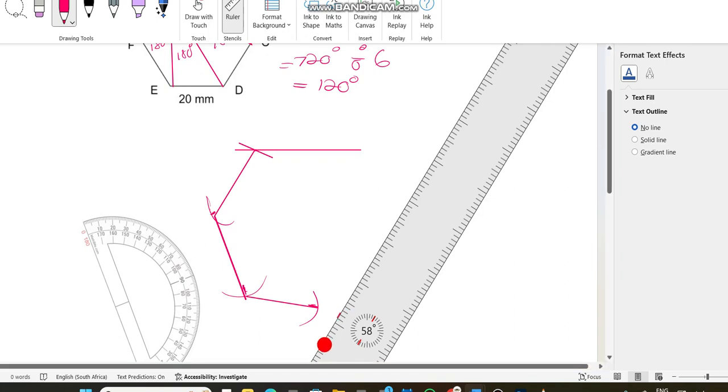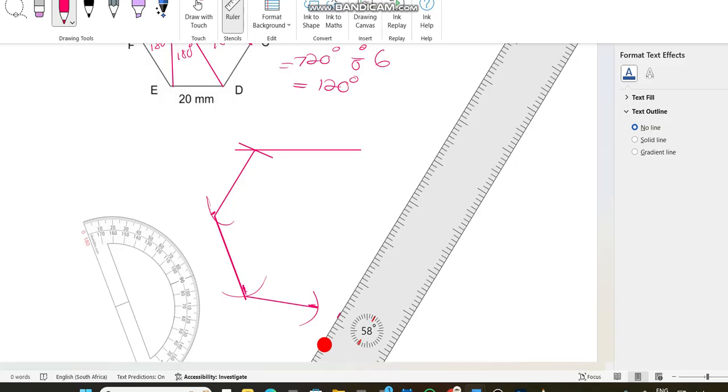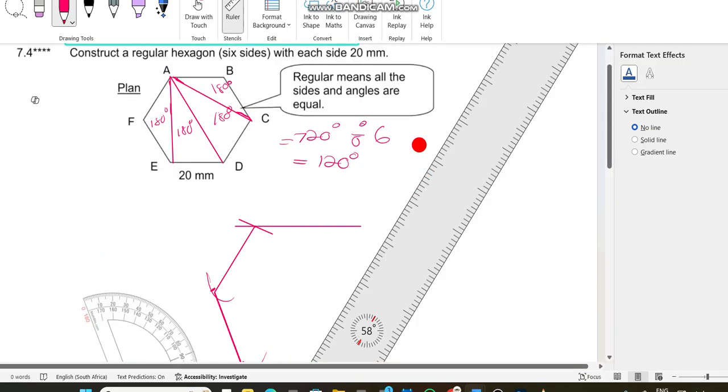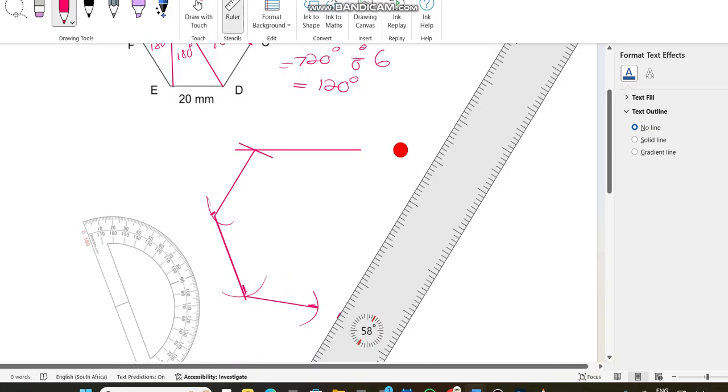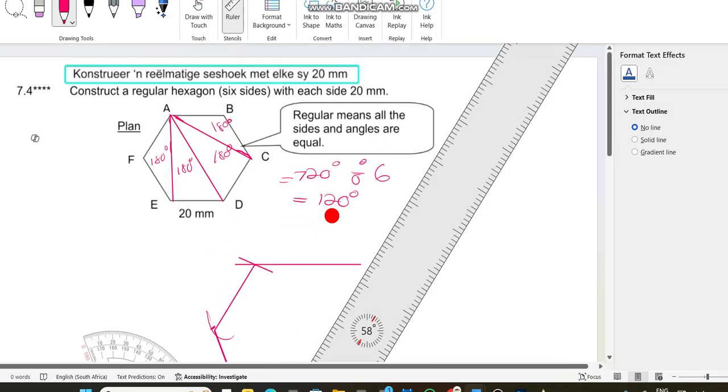You're going to put 20 millimeters on your passer, make your arc, and then draw your line, but make sure you cross it where the 120 degrees were. And this is what you're going to do all around until you have a hexagon. So you can start with that and then also come and show me when you are finished, please.